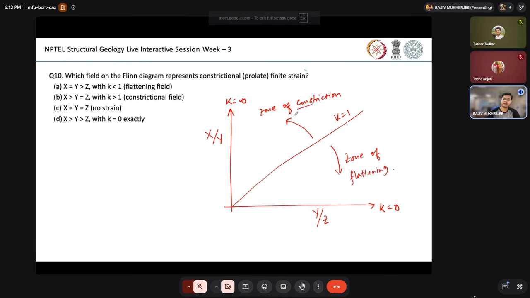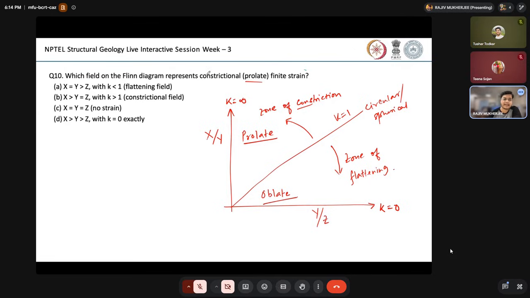So anything which is going to the constriction domain will be known as prolate shape, and this will be circular or spherical. And here it will be the oblate shape. So which field on the Flynn diagram represents constrictional, that is, the prolate finite strain?